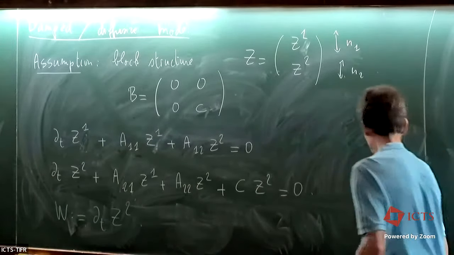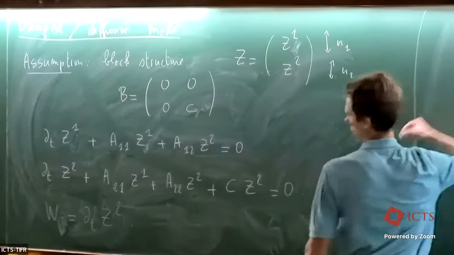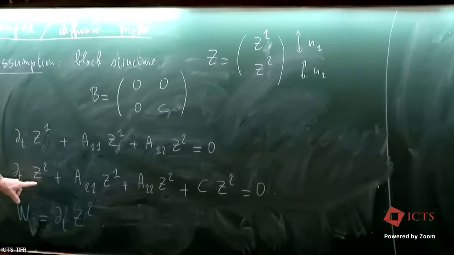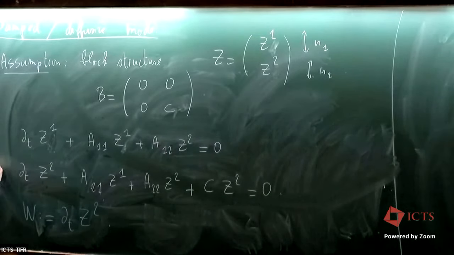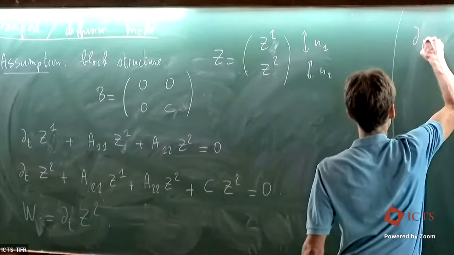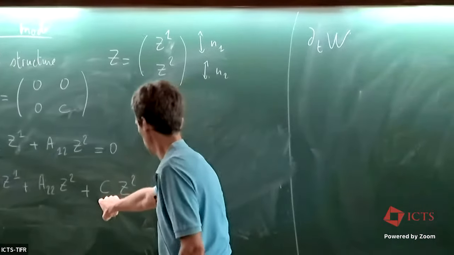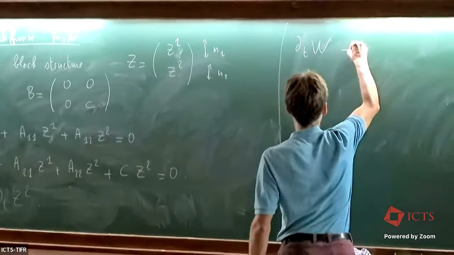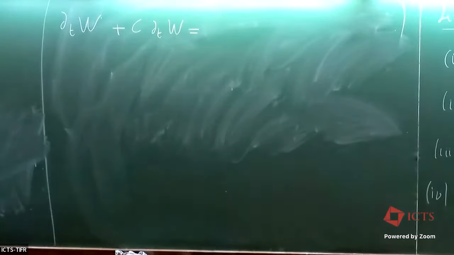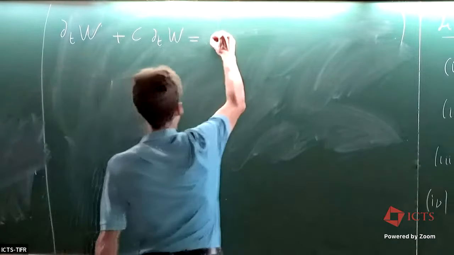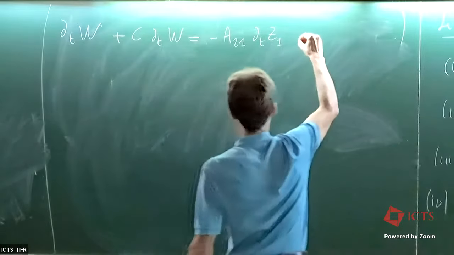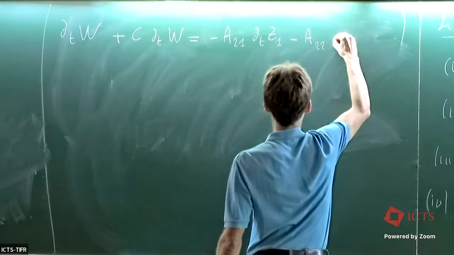Well, it's very easy. I take the time derivative of this equation to get an equation for W. So dtW: this term will give exactly C dtW. And then I have two terms in the right-hand side: A21 dtz1 and minus A22 dtz2.